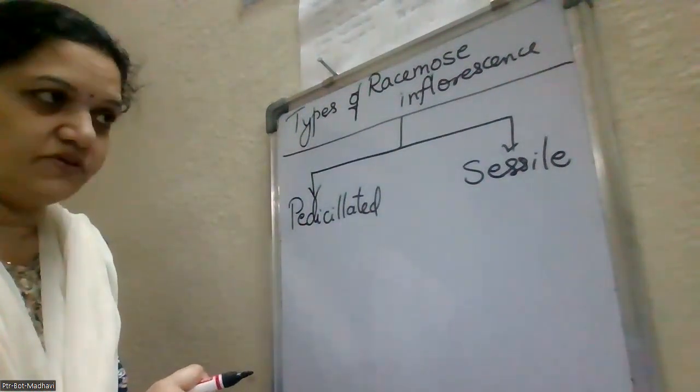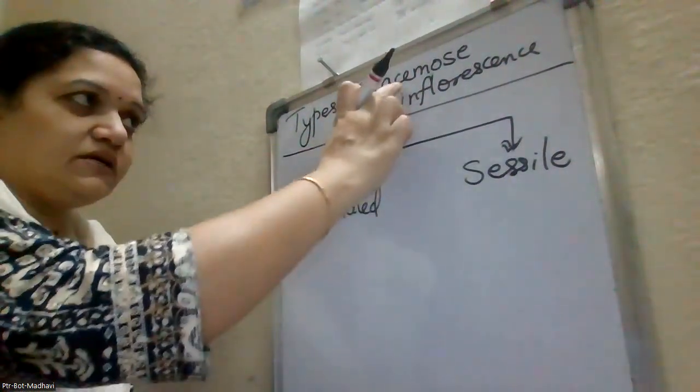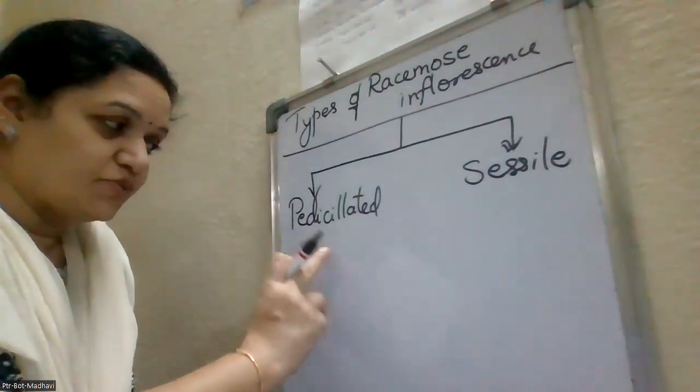So the first one is the pedicellated racemose inflorescence. What is meant by pedicellated racemose inflorescence?